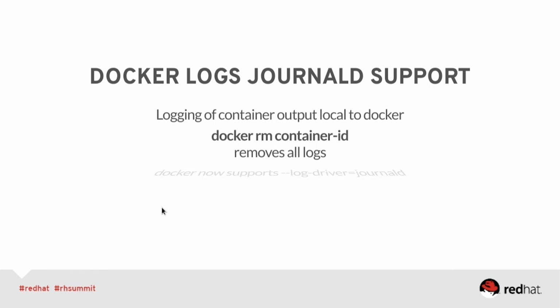So we added a patch, and this got merged, to support journald. So now Red Hat-based Docker daemons come with journald on as a default. When you do your Docker logs now, it's actually talking to journald. You get some version of structured logging with it, but the main point is if you remove your container, we still have a log.